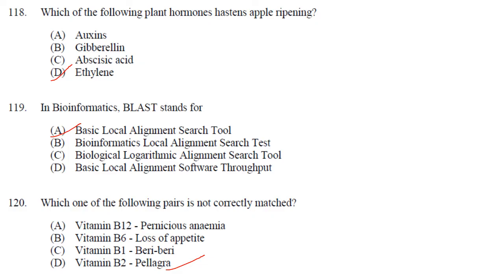So vitamin B2 deficiency, I have told all the conditions like hyperemia, edema, stomatitis, hair loss, reproductive problems, sore throat, etc. Vitamin B2 deficiency does not cause pellagra, but vitamin B3 deficiency will cause pellagra. So the answer is option D, vitamin B2 pellagra.